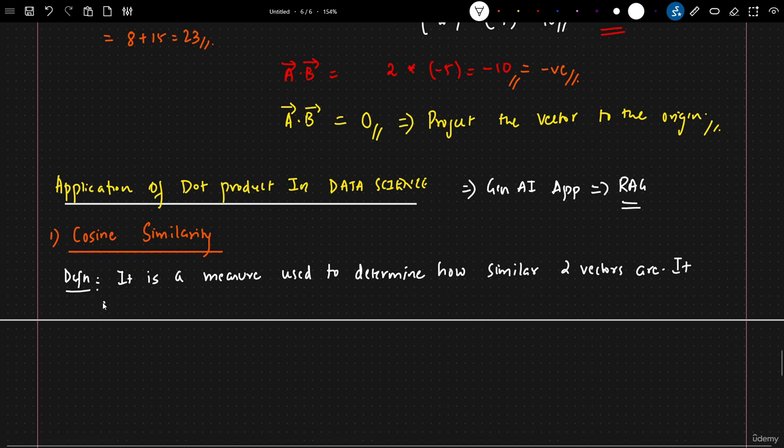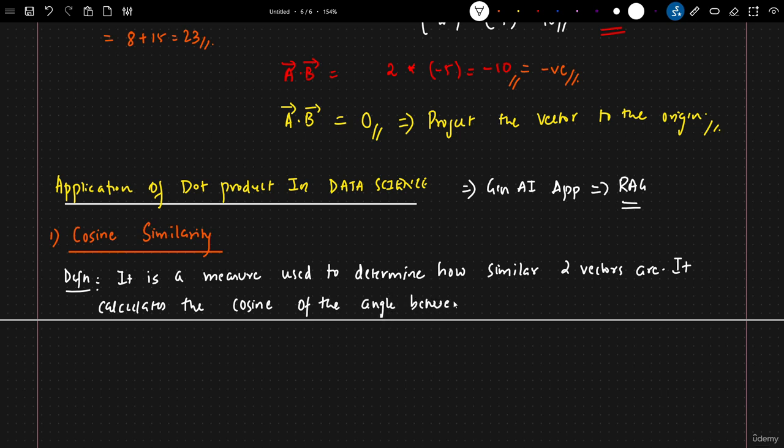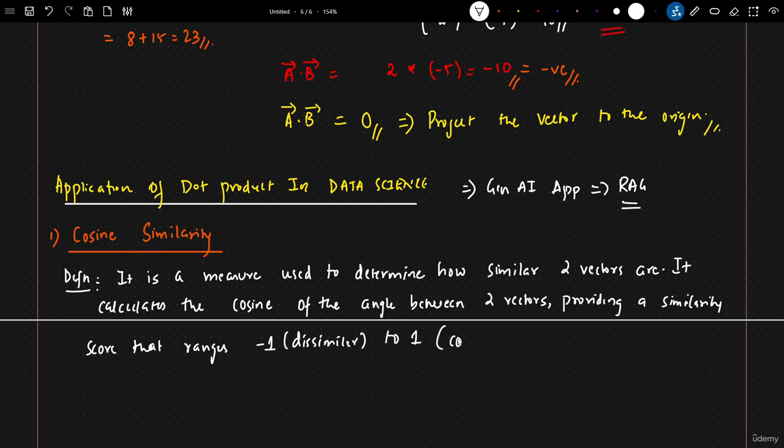This calculates the cosine of the angle between two vectors, providing a similarity score that ranges from -1, which basically means dissimilar, to +1, which is completely similar.